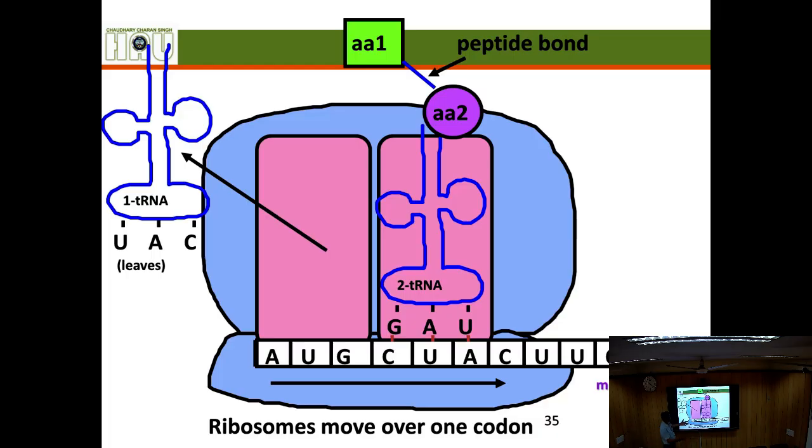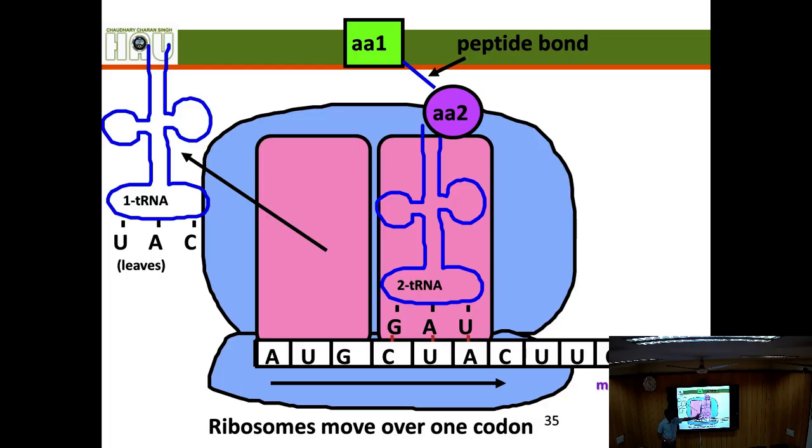After the peptide bond formation, the second tRNA has the two amino acids bound, and the first tRNA leaves through the E site, and the ribosome moves.